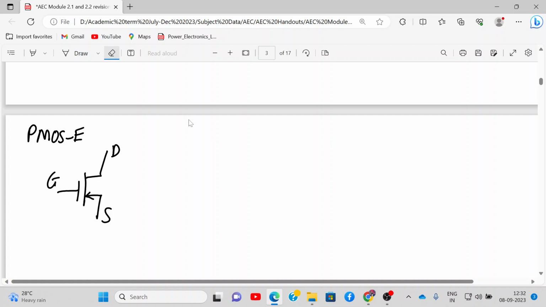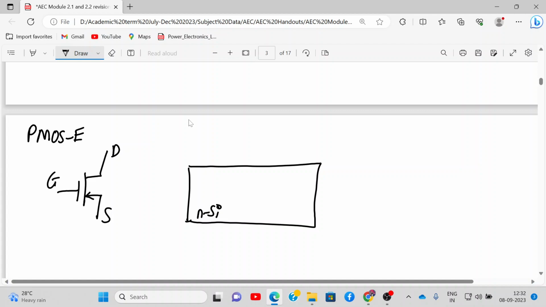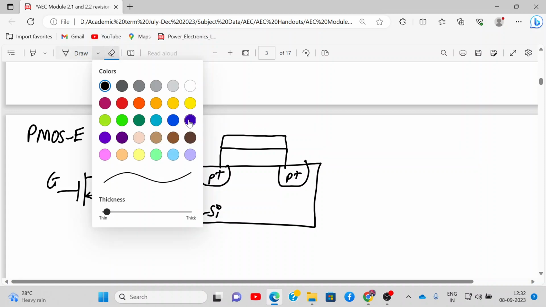So for a p channel MOSFET, the base material will be made up of N silicon, and this will be p plus, this will be p plus. No need to draw this if you don't wish to.